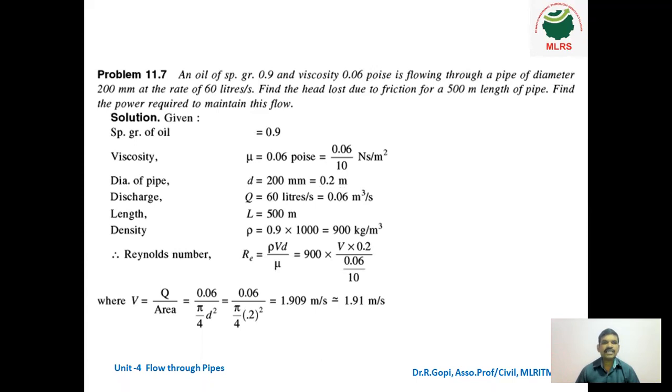The density we have to calculate: specific gravity is dimensionless, so specific gravity into 1000, which is 900 kg per meter cube. These are the basic points while writing the given data carefully. If you write the given data correctly, the answer will automatically come out correct.